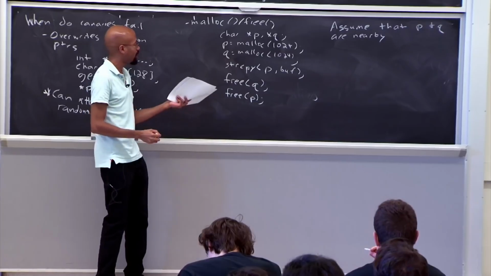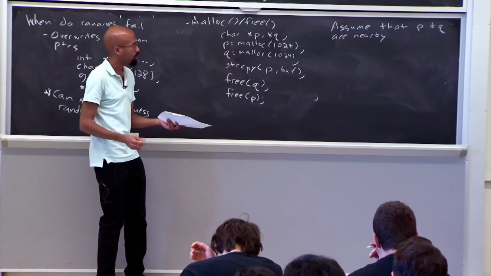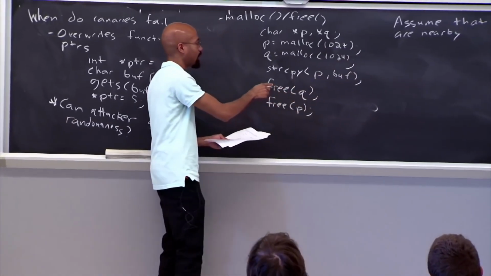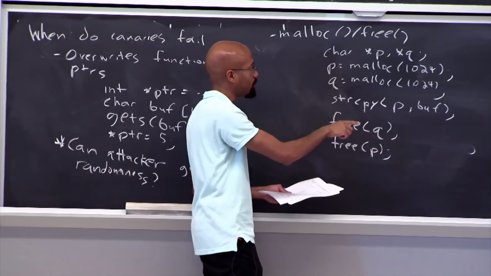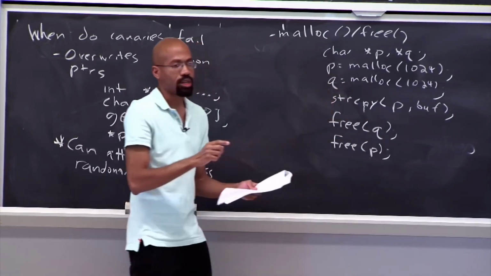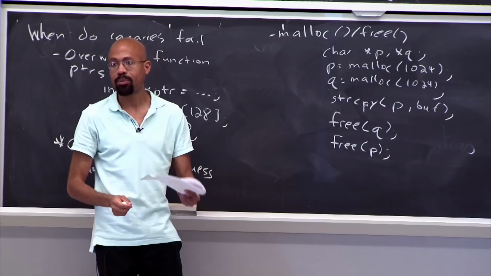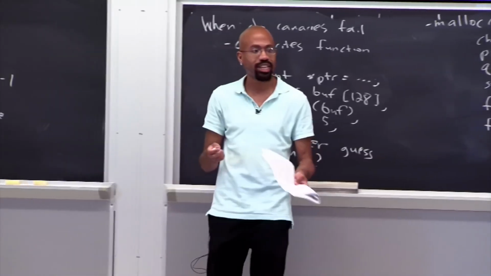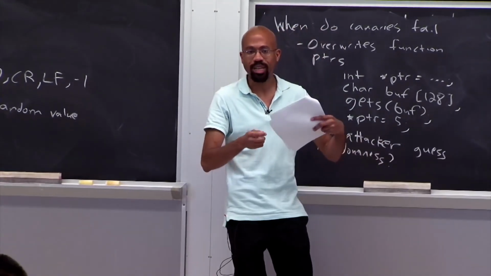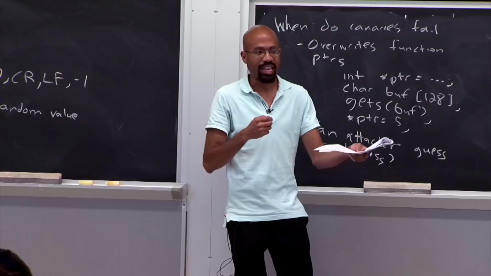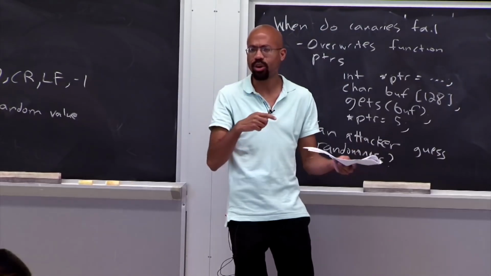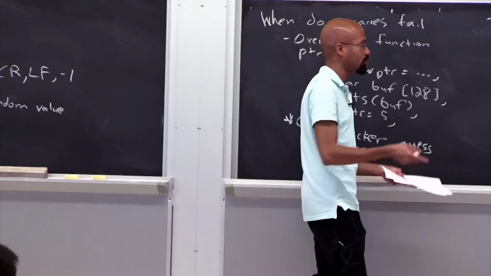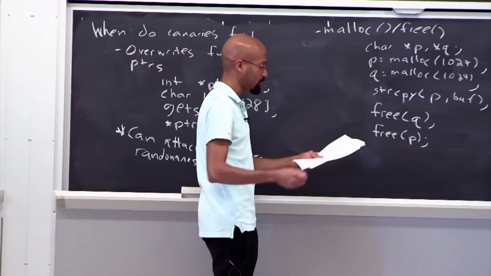There are some subtle and sort of evil things that can happen here, because this strcpy might fill P with a bunch of stuff, but it might also corrupt some of the state that belongs to Q. And this can cause problems. Some of you may have done things like this unintentionally in your own code, when you have some weird use of pointers, and stuff seems to work, but then when you call free later on, it seg faults or something like that, right? What we're going to talk about here is a way that an attacker can take advantage of that behavior. And we're actually going to explain why that happens.